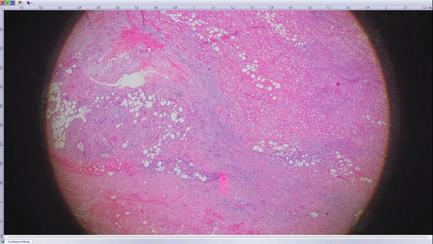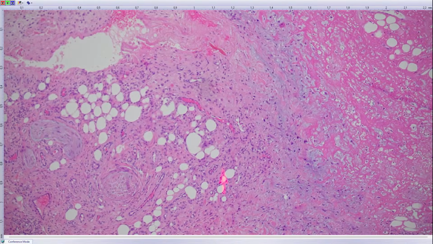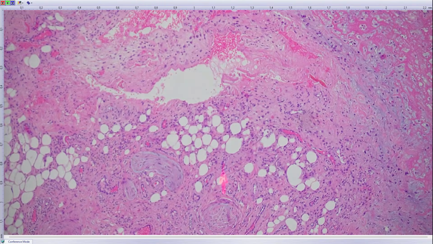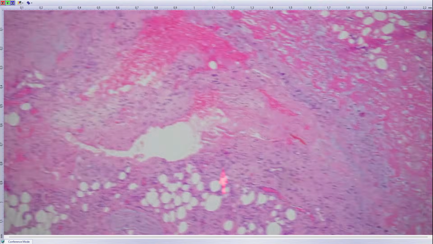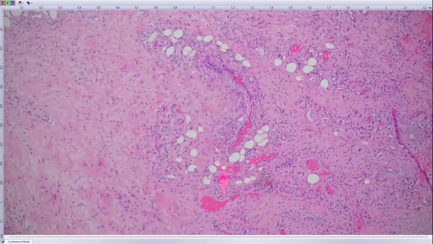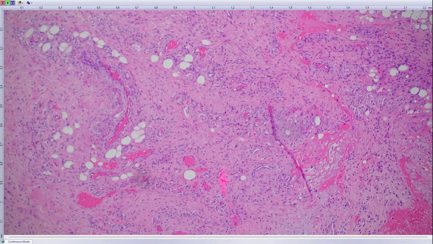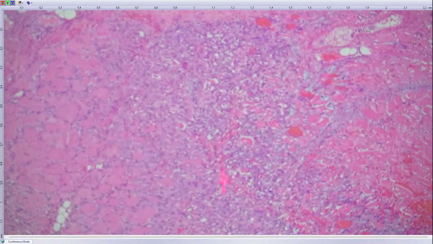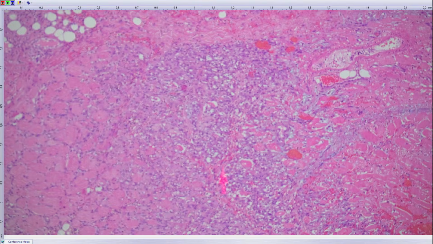These fibroblastic or myofibroblastic cells are mixed together with reactive vasculature, as seen here. Also here, it's kind of chaotic small vessels which have been newly formed. Also, you can see the reactive vascular proliferation inside of the muscle.